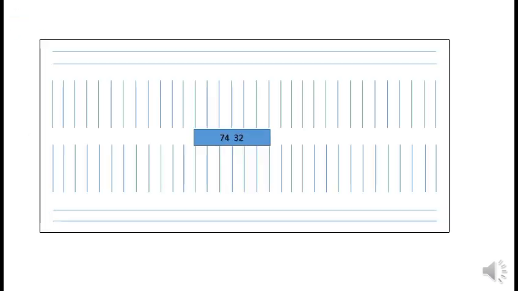To construct the encoder which we mentioned, we will use IC 7432 because it is the IC for OR gate.